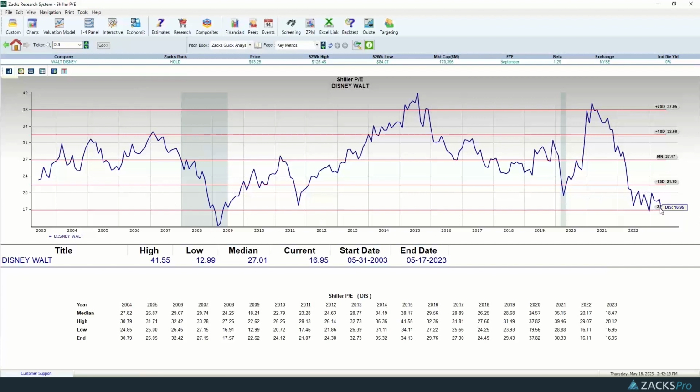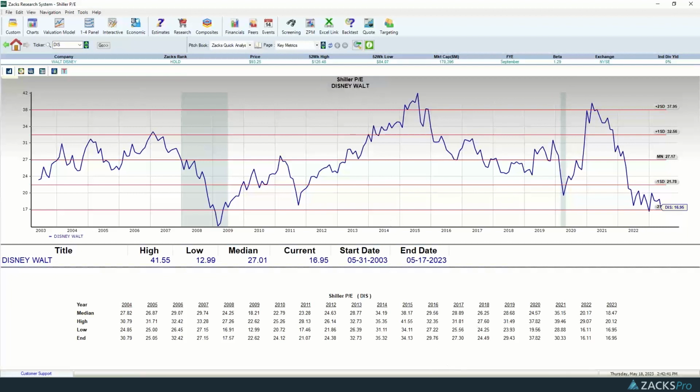Not a 1 year time frame, not a very short-term prediction, but over the next 3 to 6 years, this to me looks like a very attractive time to be buying Disney.